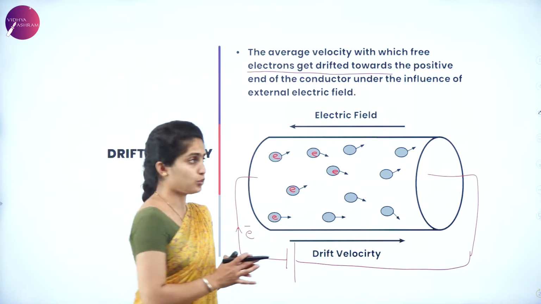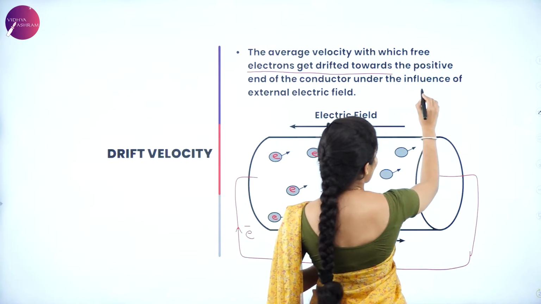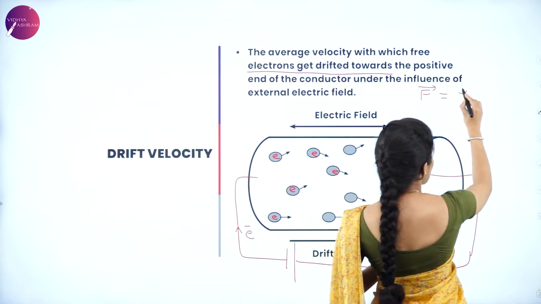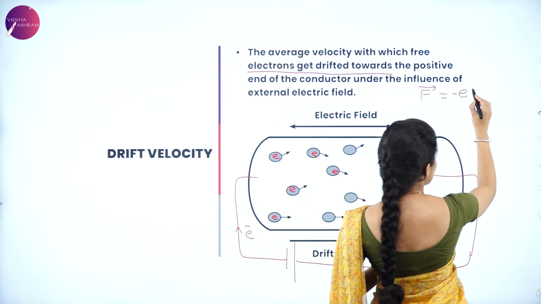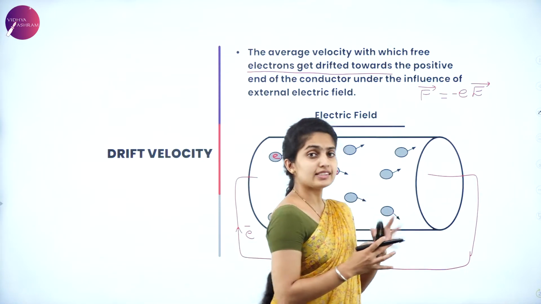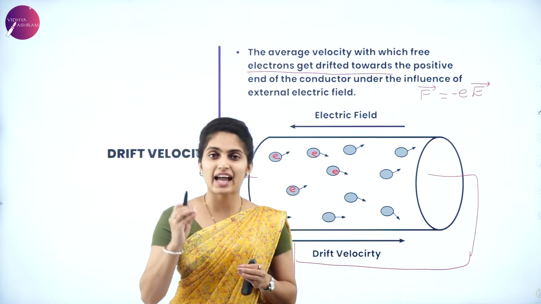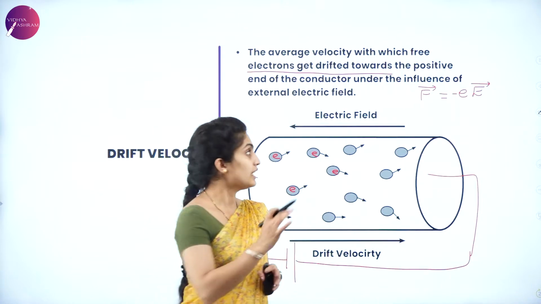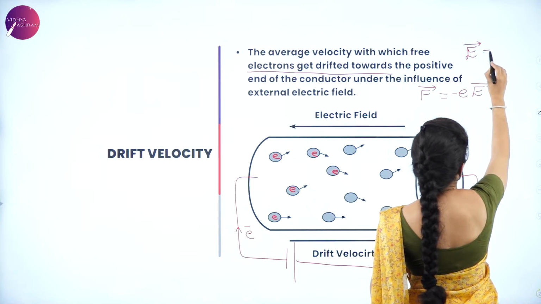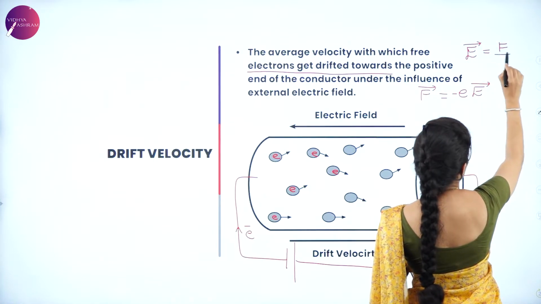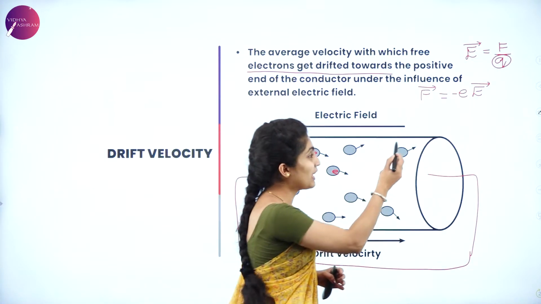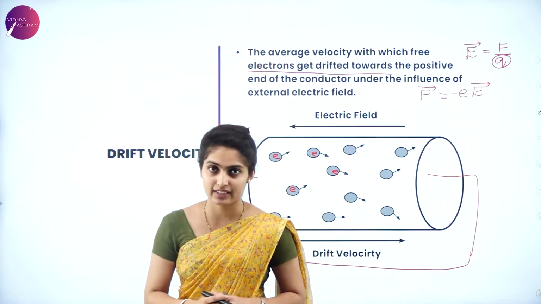For example, you know that force is equal to the charge which is carried, that is minus e, into the E vector, because minus e is the charge of the electron and E vector is the electric field. This is got from the equation defining electric field, that is force per unit charge. So this charge which is responsible for the electric field is minus e, that is why we write it like this.